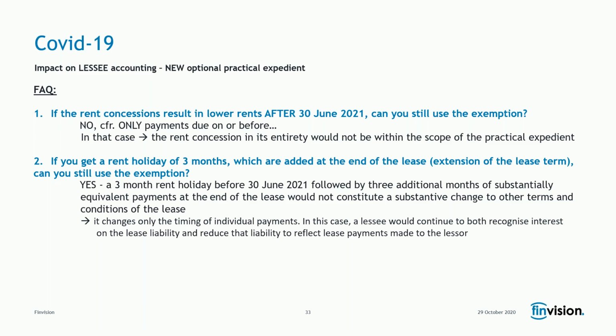In fact, they say it only changes the timing of the individual payments. So it would not constitute a substantive change to other terms and conditions. It's just a change in timing from now to an addition at the end of the lease term.